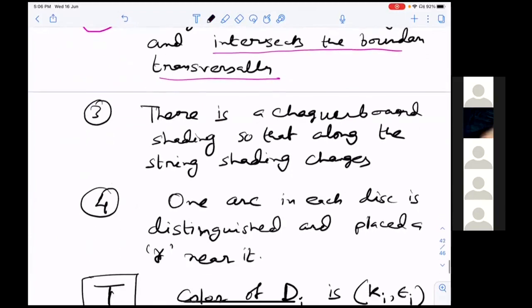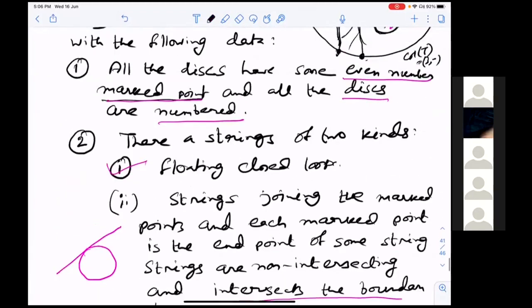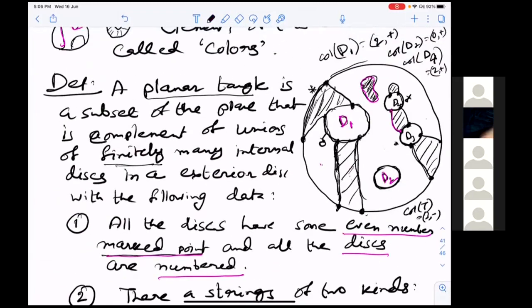Very importantly, for each disk, the external one and all the internal disks, one of the arcs is chosen and a star is put in front of it. Like in D1 there are four arcs, and one of them is chosen. In the external disk, this is the chosen arc, so we put a star here. In D4, this is the chosen arc, and we put a star here. This is also part of the data, and all this data is called a planar tangle.